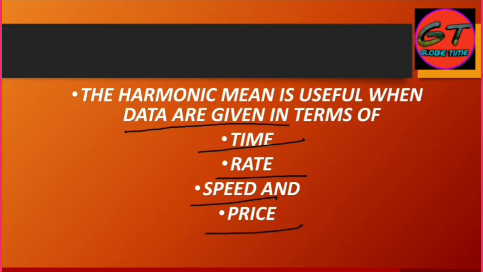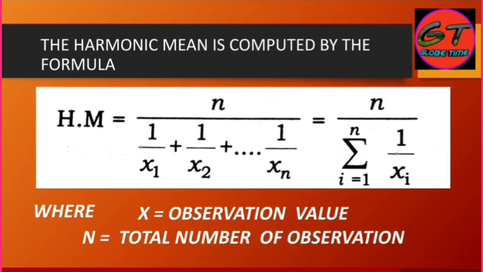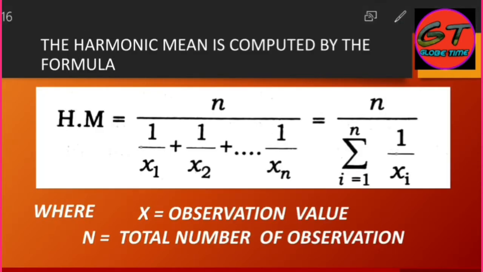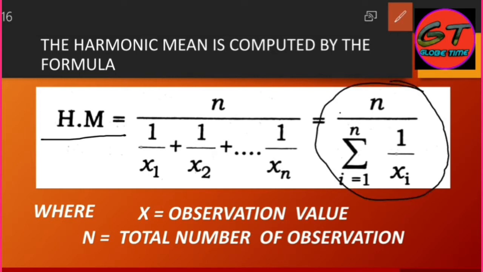And the expression is, for a single dataset or single data series, harmonic mean equals n by summation 1 by x. N equals the total number of observations and x equals the observation value.